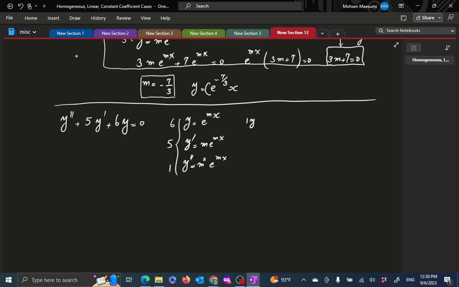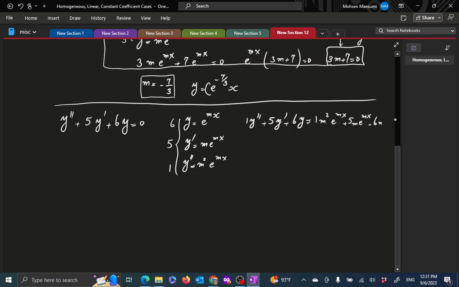So 1y double prime plus 5y prime plus 6y.